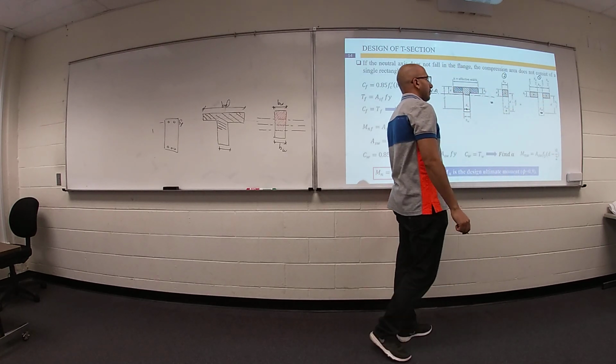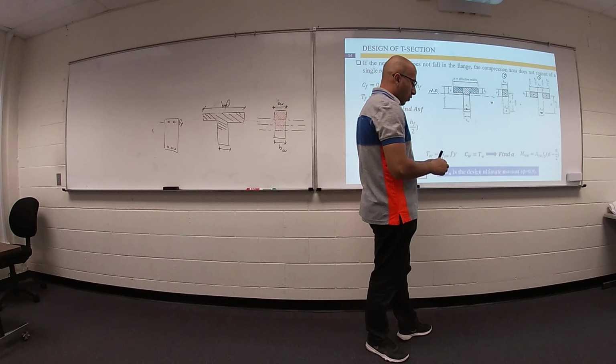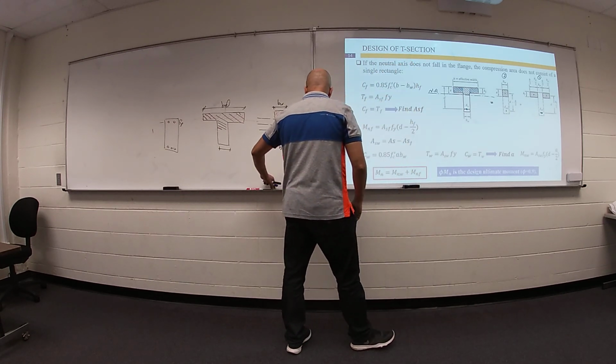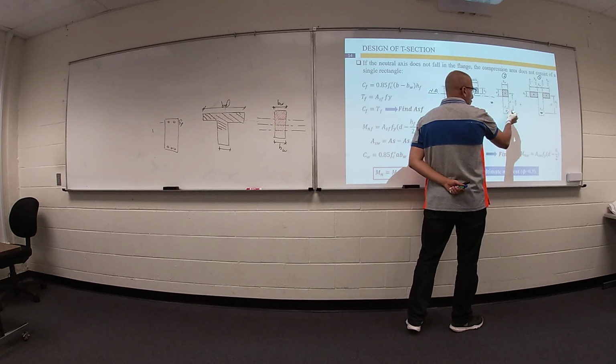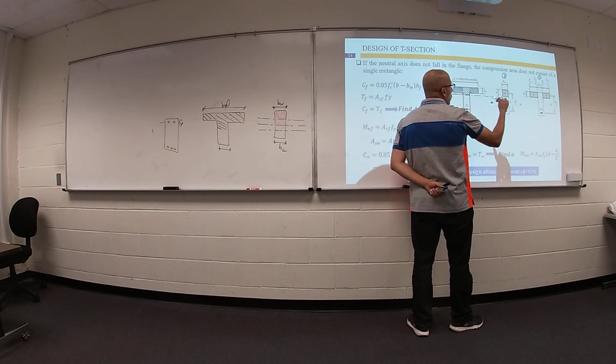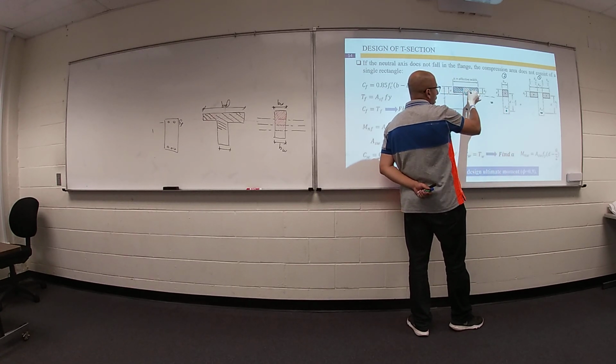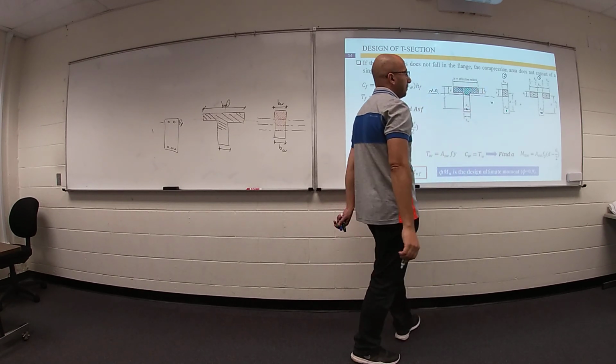Second part will be another part of your area of steel, which is called area of steel web, with the remaining part of your area under compression.